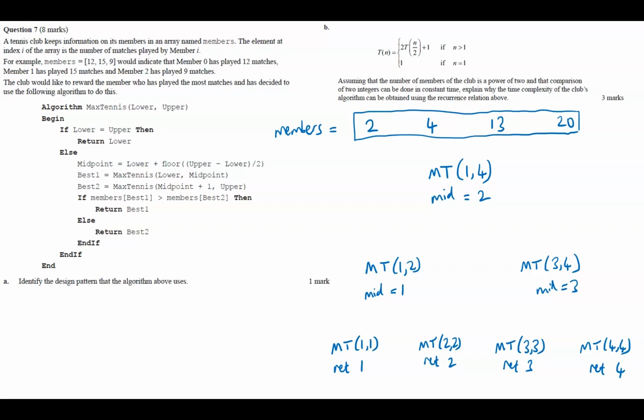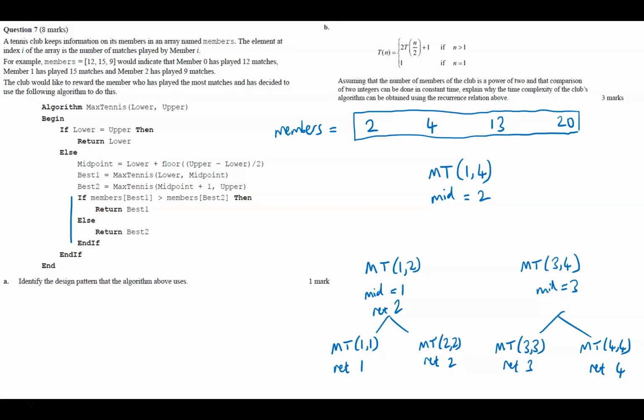So we're now back up to the second line of recursive calls, and we're considering this part of the code. We've got the numbers 1 and 2, and we're saying if the value at index 1 is greater than the value at index 2, we return 1. If not, we return 2. So in this case, we are returning 2. We're returning the index that has the bigger one.